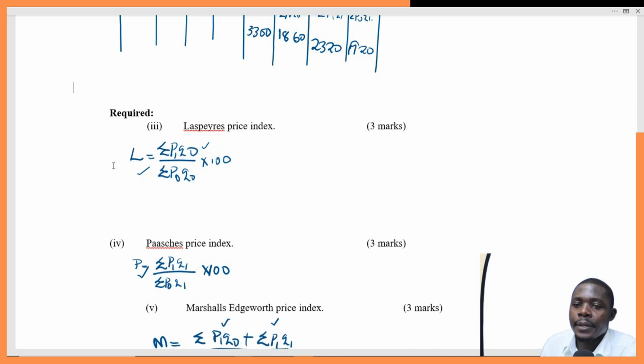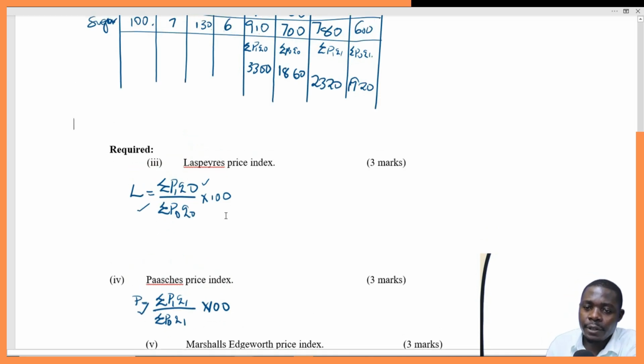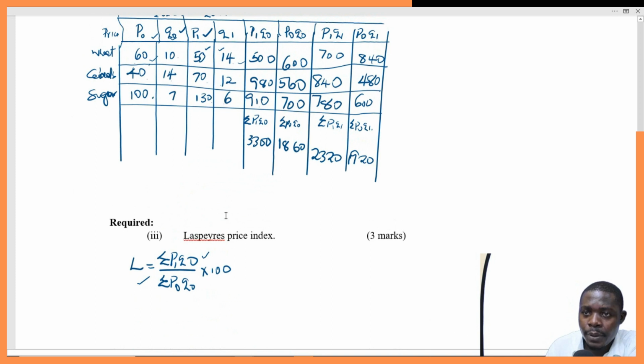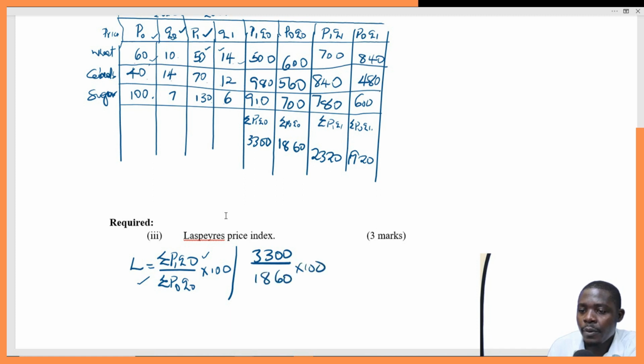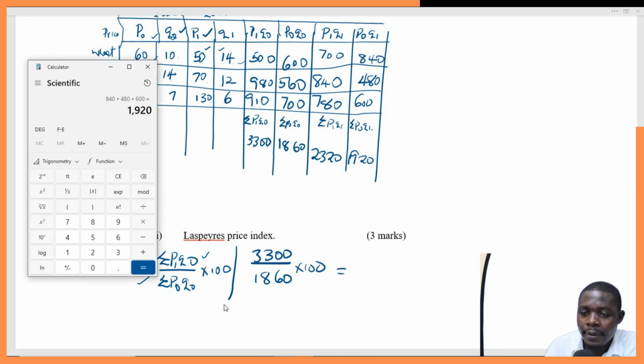Now, having done that, we are told to allocate the next pair, the figures we have. The P1 Q0, we got 330. We divide by P0 Q0, which was 1860. We multiply by 100. Very easy.